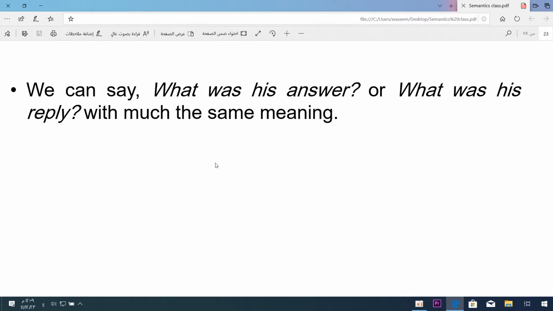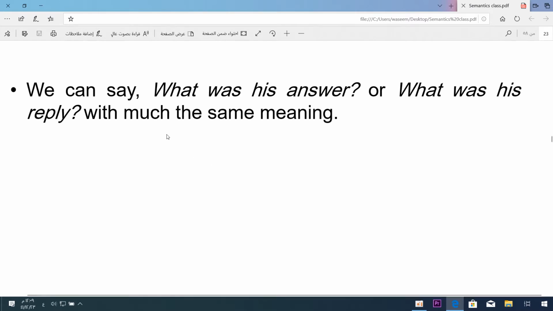Please answer the phone. I can't reply the phone. I can't reply to the phone. So in some contexts, you will find that answer and reply and sometimes respond are perfect synonyms, in a way that they can be used interchangeably, with much the same meaning.